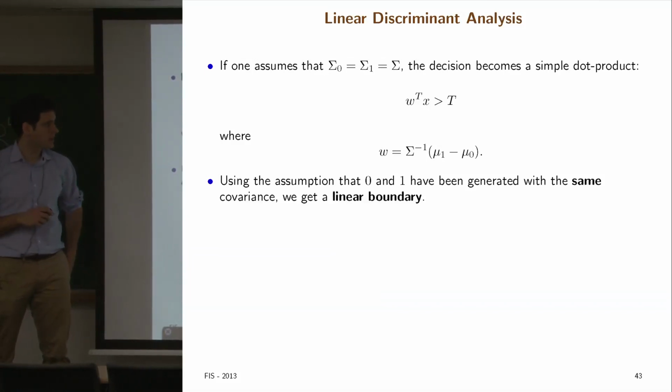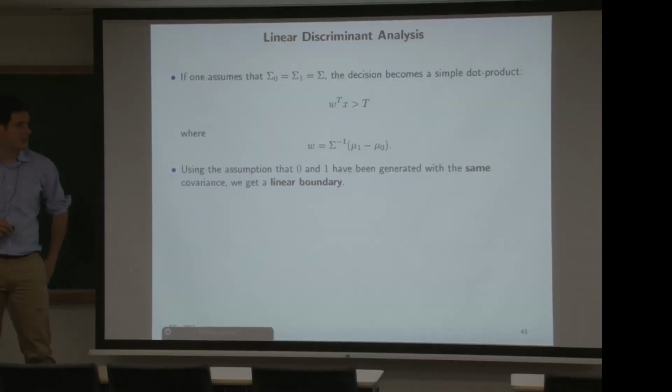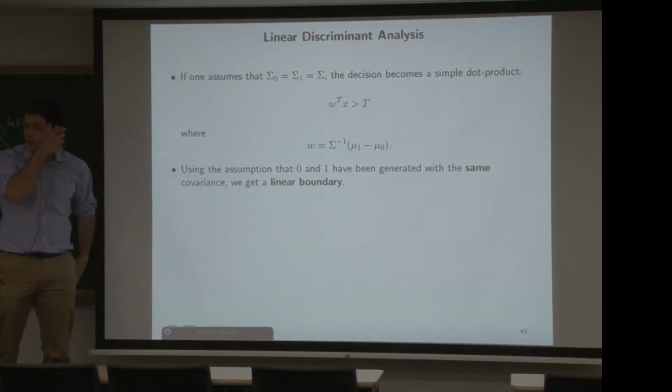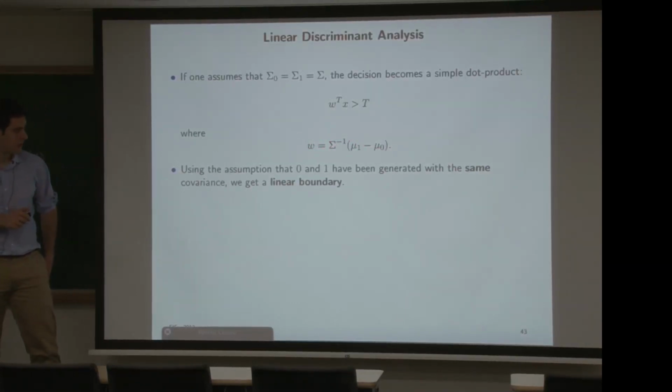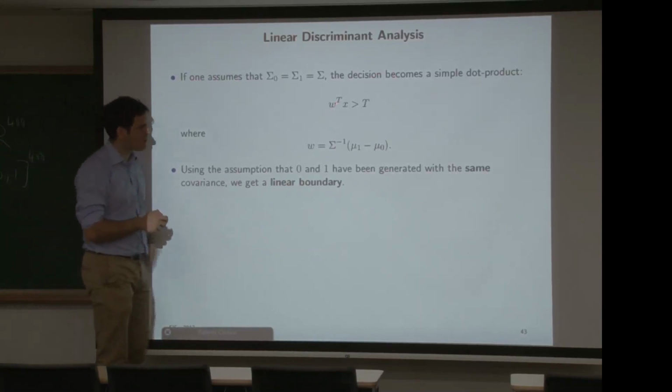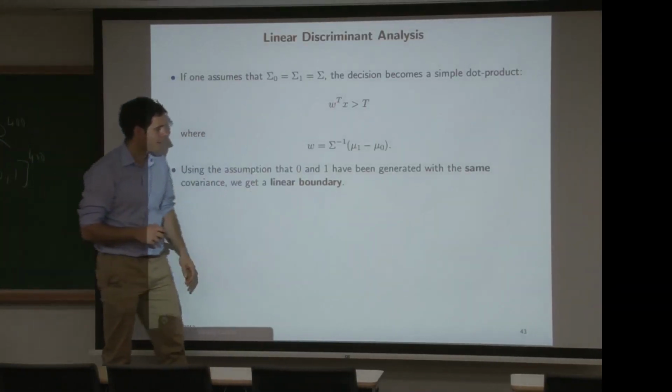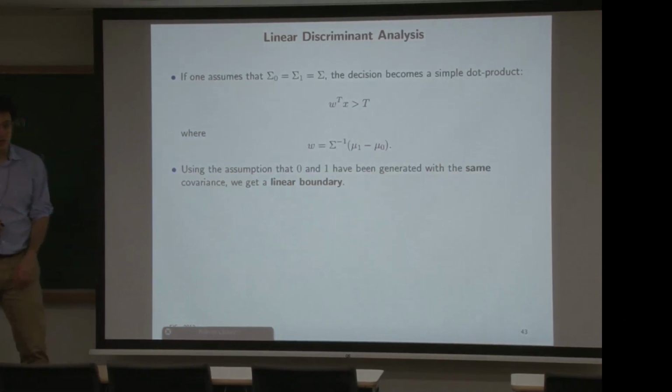In that case, you would have to estimate the covariance matrix again. But if sigma 0 and sigma 1 can be identified, it's easy to see that this reduces to a simple dot product. And the value of omega here is just the inverse of that covariance matrix times mu1 minus mu0. So the normal vector omega becomes this, and then you have a linear boundary.